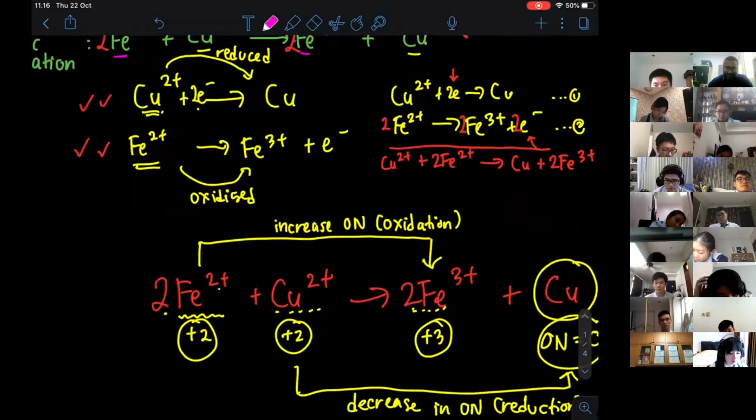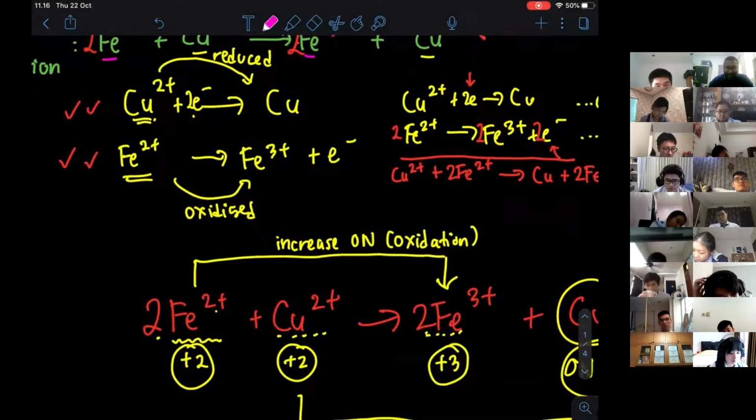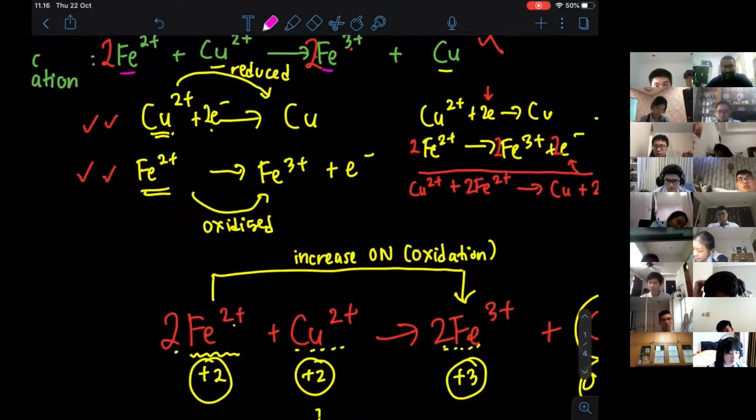Just now we used the electrons, but let's say you don't like to use electrons. You can use oxidation number: +2 to become 0 is reduction. It's still the same thing. +2 to become +3 is oxidation. Please remember all this.